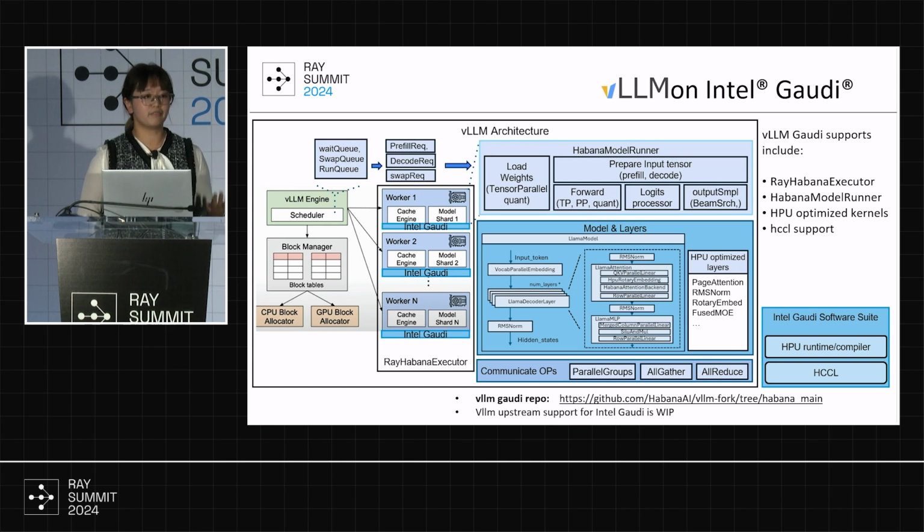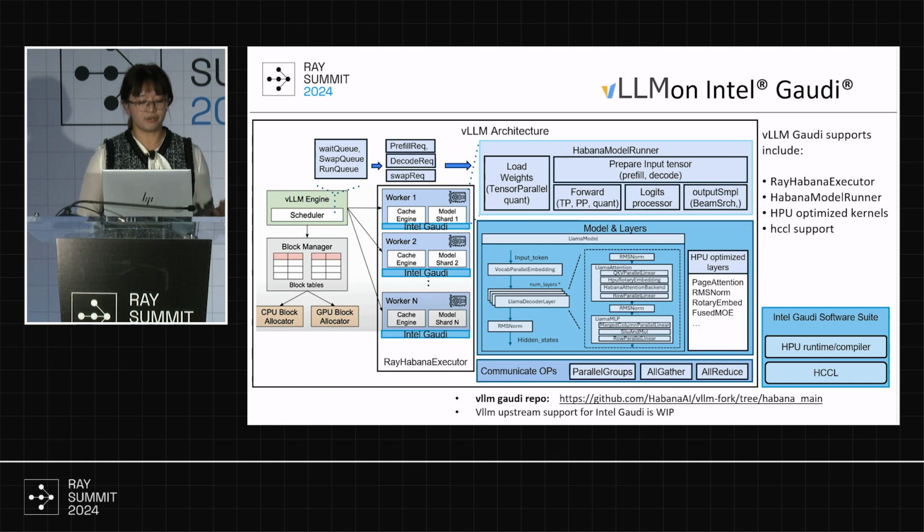We also provide a model forward wrapper. If you remember, before I talked about the wrapping HPU graph function, right? In VLM we're also doing that, but it's already inside the model forward function, so you don't need to worry about that.